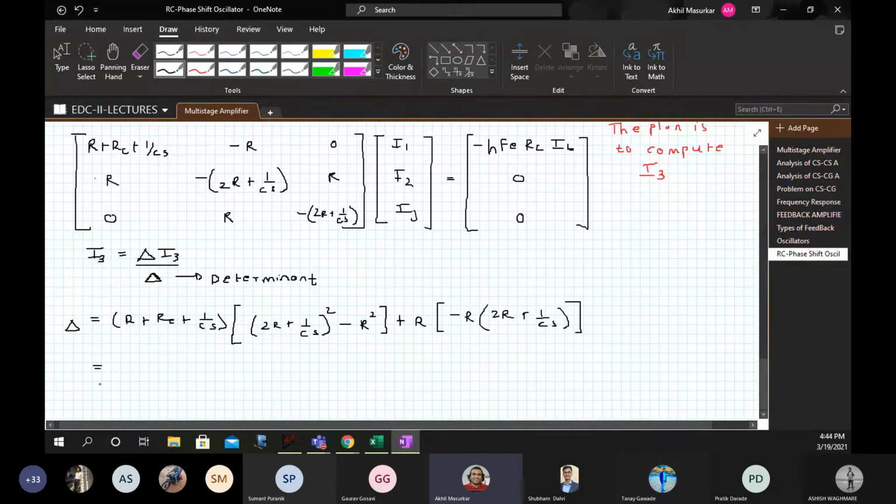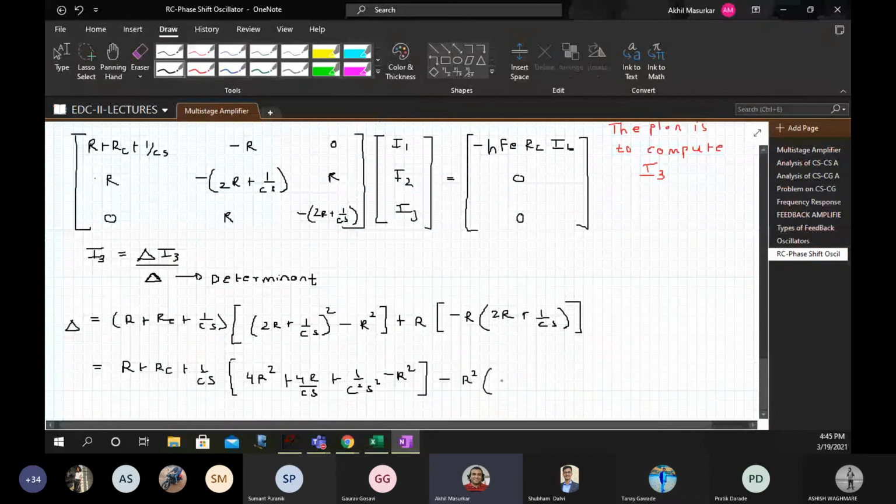So if we try and expand this, what we should be getting is (R plus RC plus 1 by CS) into, let us expand this whole thing, 4R square plus 4R upon CS plus 1 by C square S square, minus R square, this entire thing minus R square into (2R plus 1 by CS).